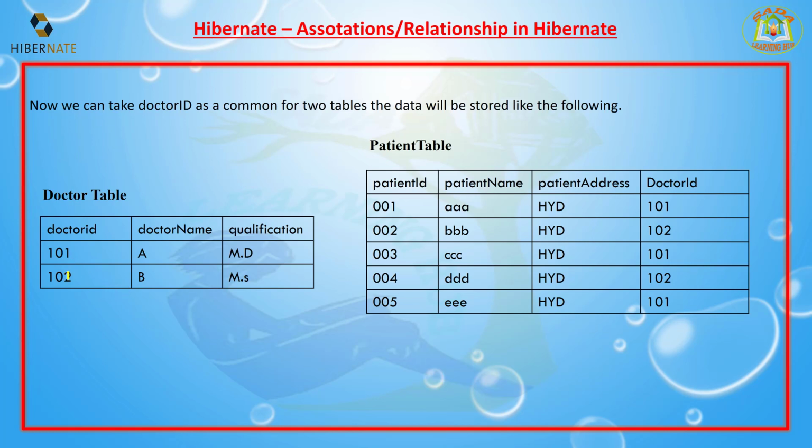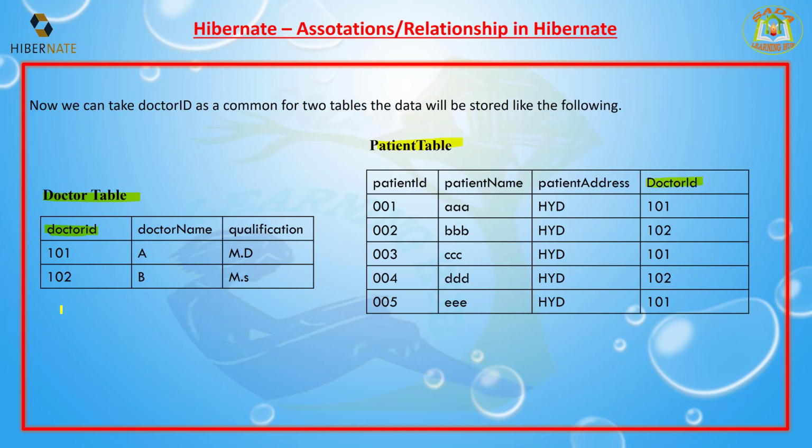I'm going to change to a different relation. In this relation, I'm going to take the doctor ID as a common column between the two tables. See, this is my doctor table and this is my patient table. This doctor ID, I'm going to take as a common column between the two tables.